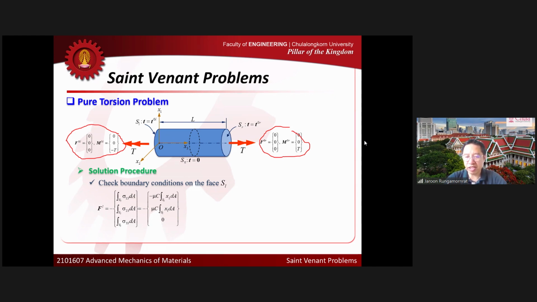So the third component here disappears. Sigma 1 3 and sigma 2 3 are not 0, right? So I plug that in, I get it like this, and I just pull out the constants mu and c from the integral because they are constant. Okay, so I come up with this.